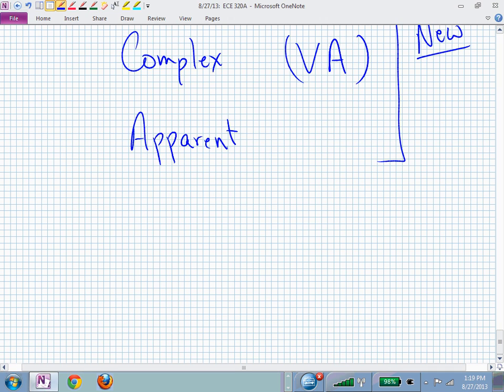Well, you may see more than just one line. You may see 3 lines, maybe 4. But we now need to worry about different phases. What we've just been talking about was a single phase circuit. We need to, in this class, start studying 3-phase systems.